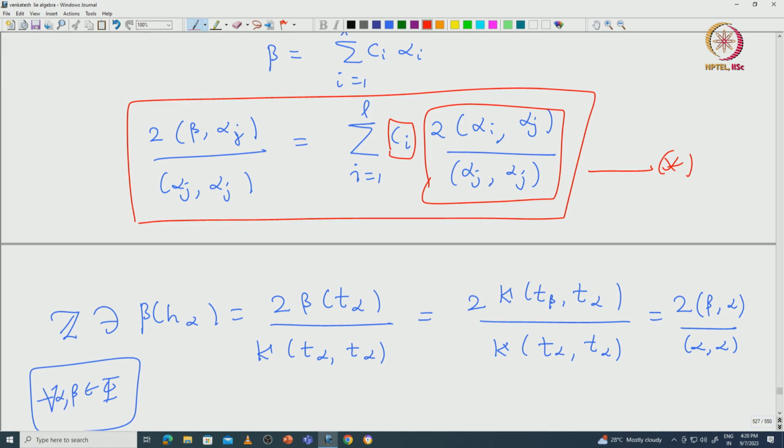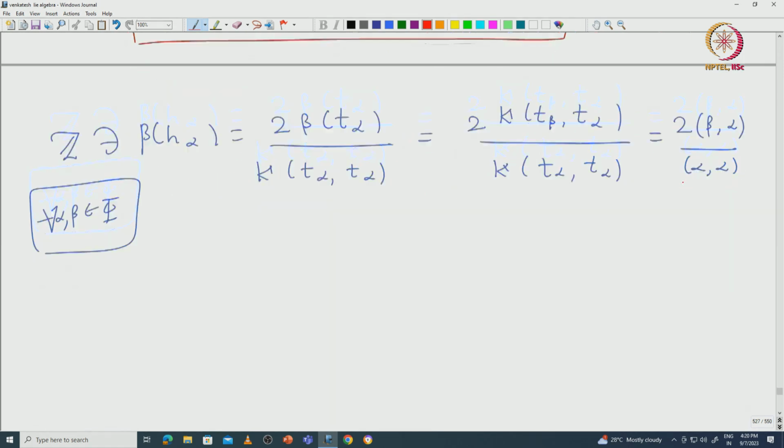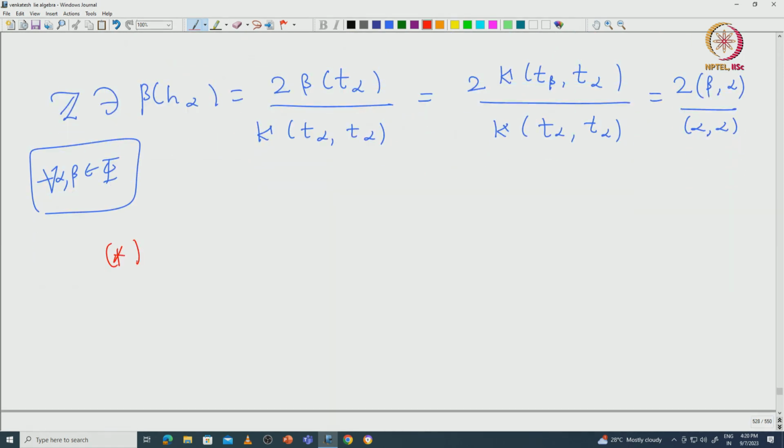This is just immediate from beta(H_alpha) being integers.